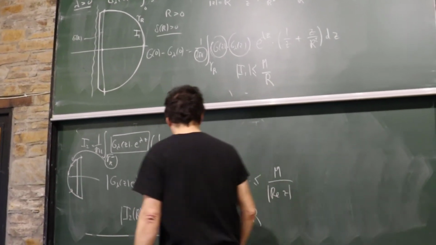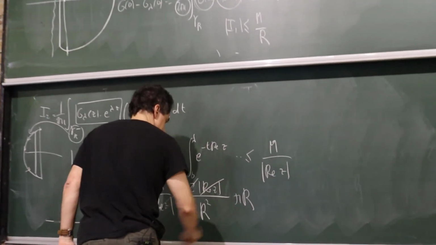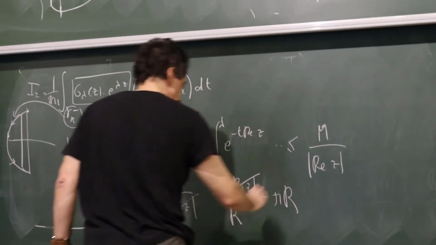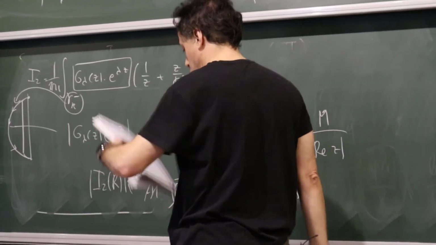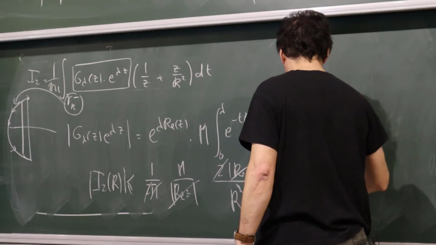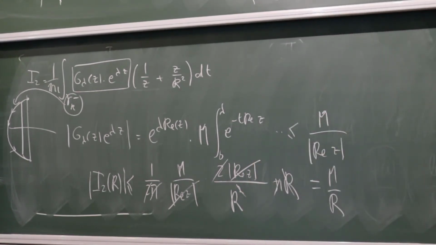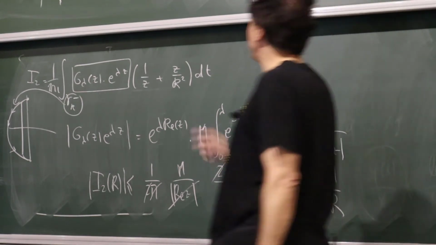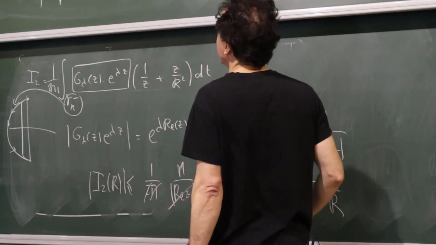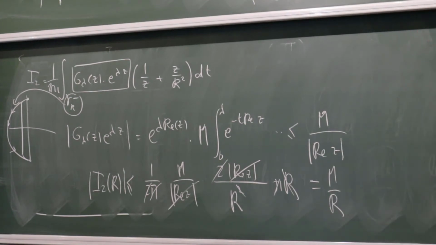And I think it's enough, so this goes with this, pi, and you obtain again m over r. Again, m over r.